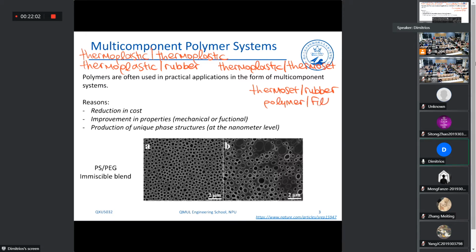with filler blends, where fillers can be either inorganic fillers, such as carbon nanotubes or graphene or silica, that are used in order to improve the properties of a polymer and attribute multifunctionality, such as electrical and thermal conductivity, and improvement in mechanical properties.